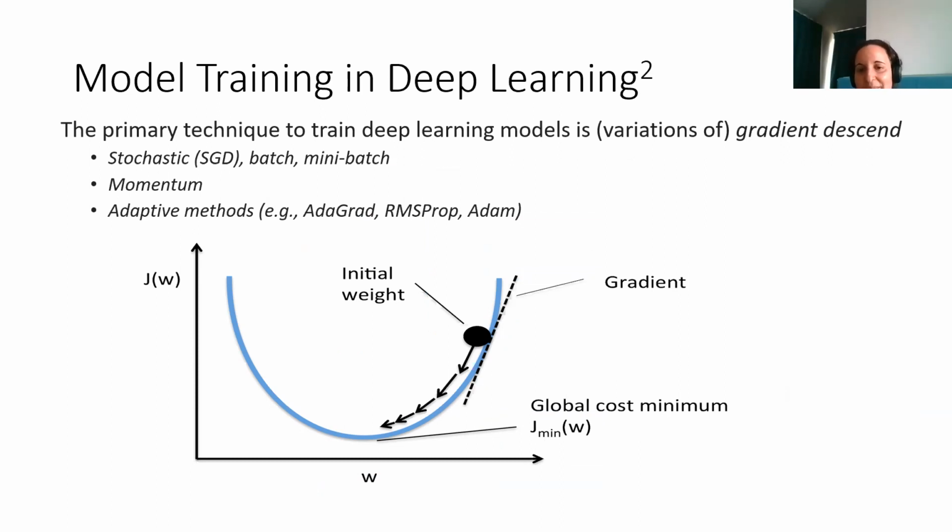I just have here a graph that shows that, assuming you have a parabola and you try to find its minimum, and say that you start at the black point. At this point, you compute the gradient of the function, and the gradient tells you in which direction the minimum is.